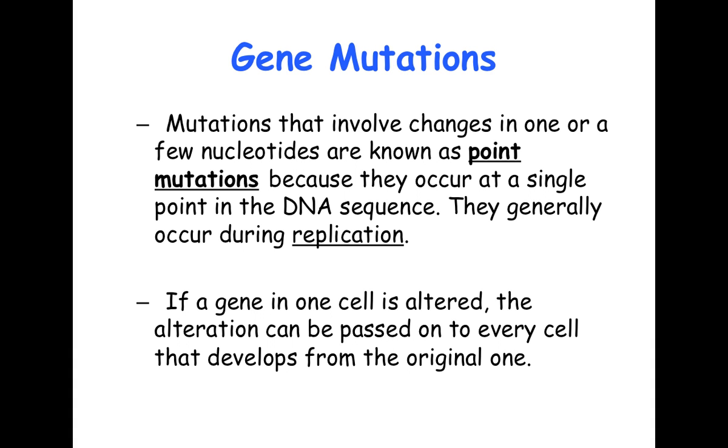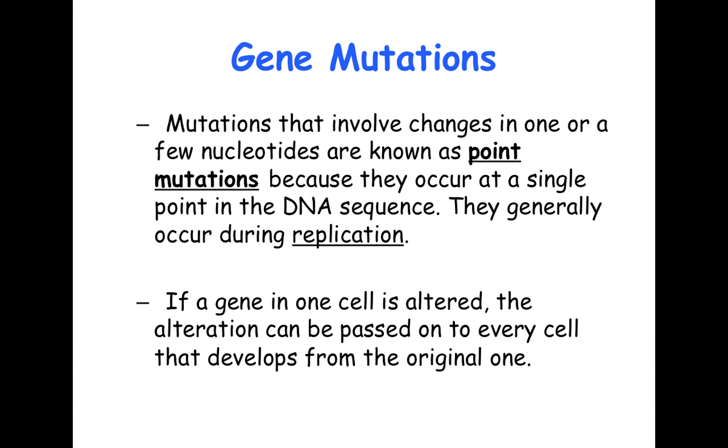If a gene in one cell is altered, then that alteration can be passed to every cell that develops from the original one. So to a certain extent, how this affects the individual and how this affects maybe their offspring will depend on how early this takes place in their lifespan. If this happens in your finger, it may not be a big deal.